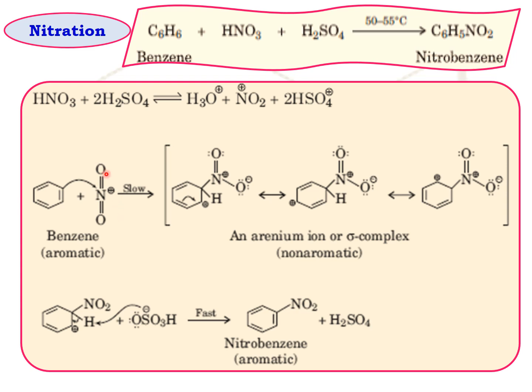Here NO2+ is an electrophile. It reacts with the benzene ring, the aromatic compound. It is found to be the slow step. It provides the formation of arenium ion or sigma complex. It is found to be non-aromatic because its aromaticity is lost during the formation of sigma complex.